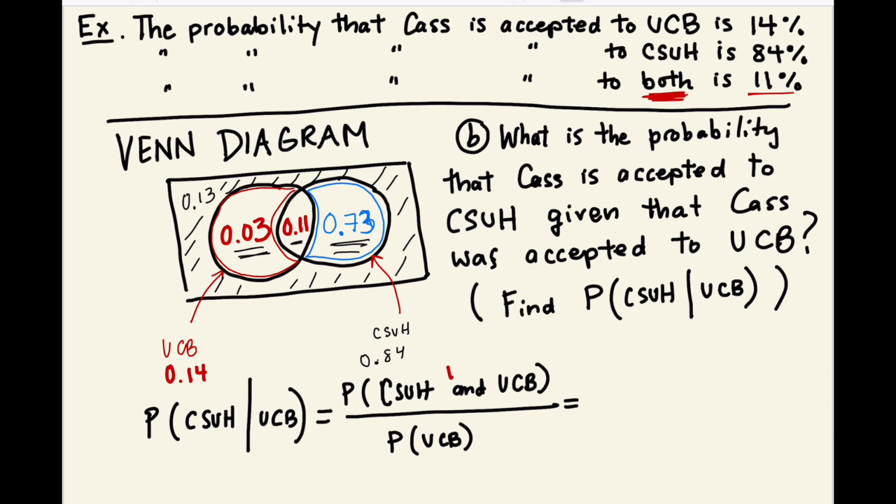And remember that this is just our both probability, which was given to us as 0.11 or 11%. The probability of Cass being accepted to UC Berkeley was also given to us as 0.14.